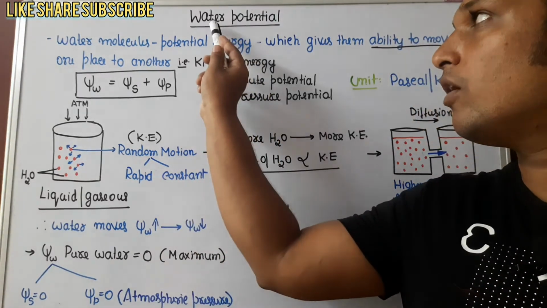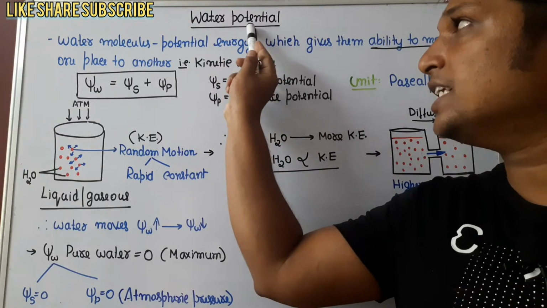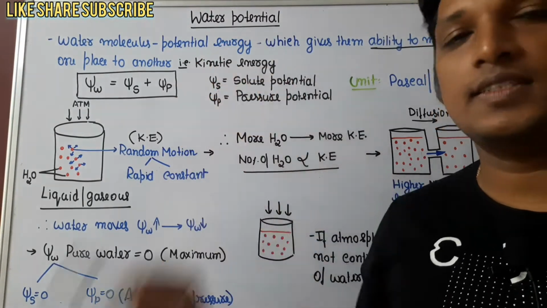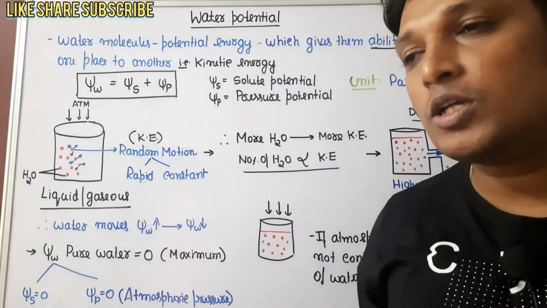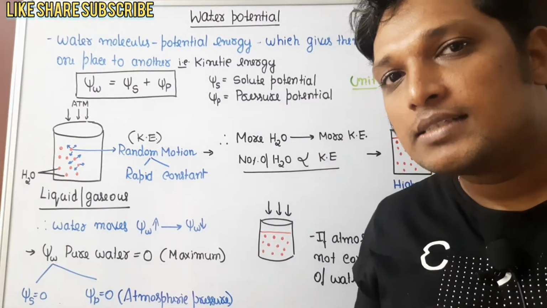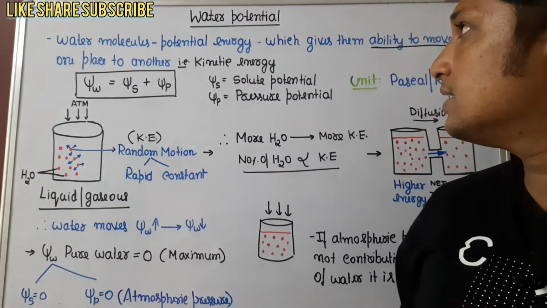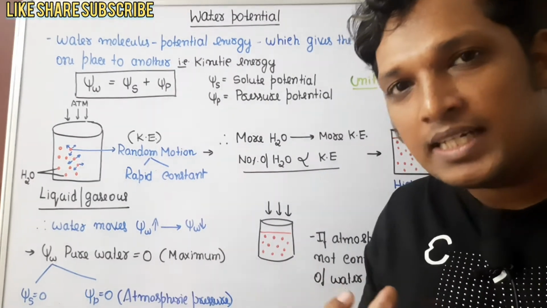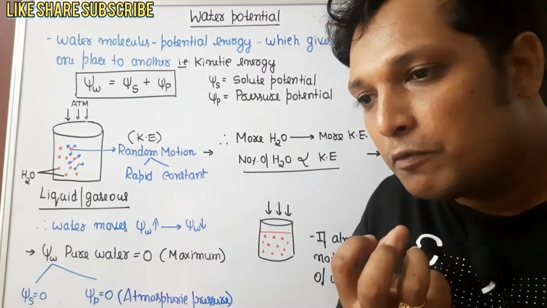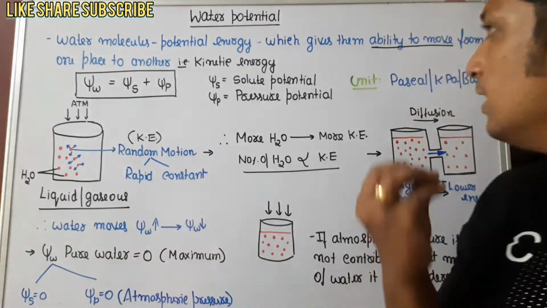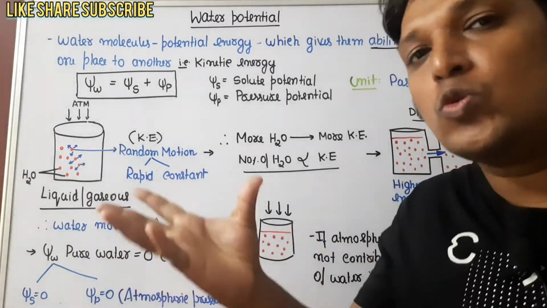What is the meaning of water potential? Potential refers to the potential energy of the water molecule. Water molecules have some inbuilt energy in them, that is the potential energy. This energy present in each water molecule gives them the ability to move.